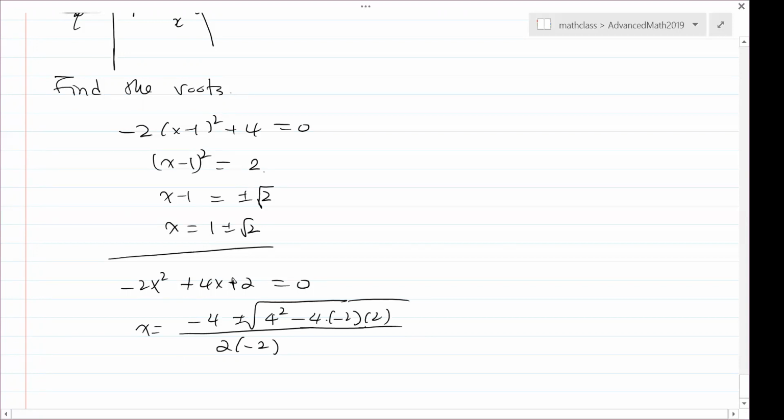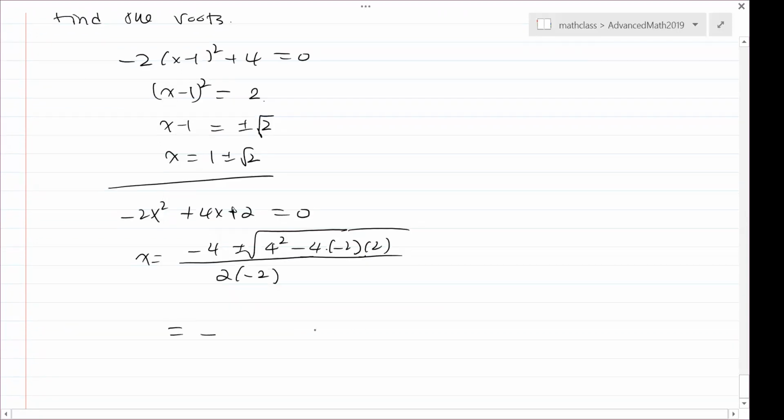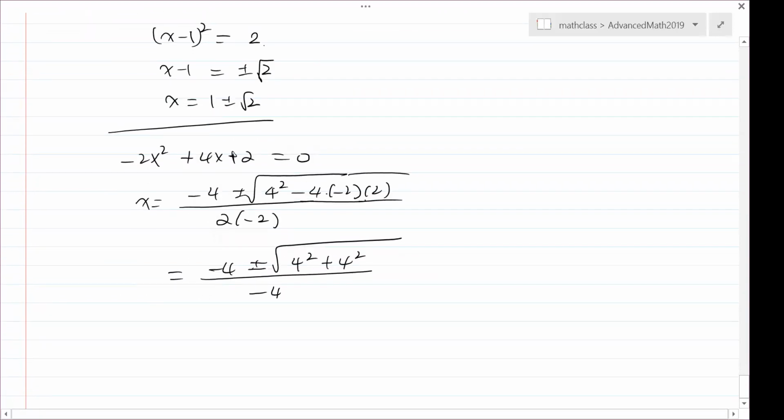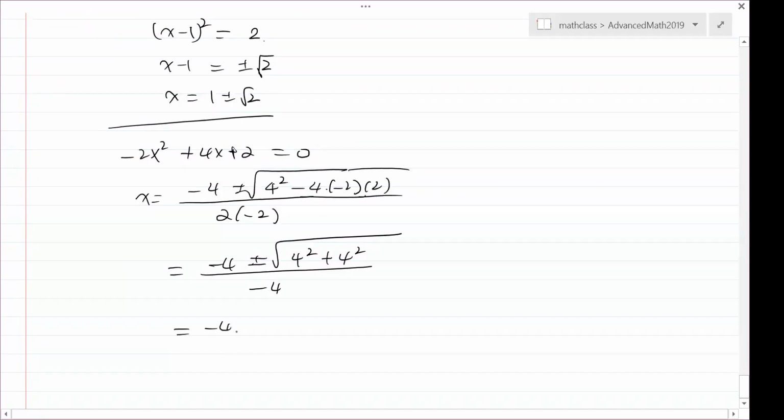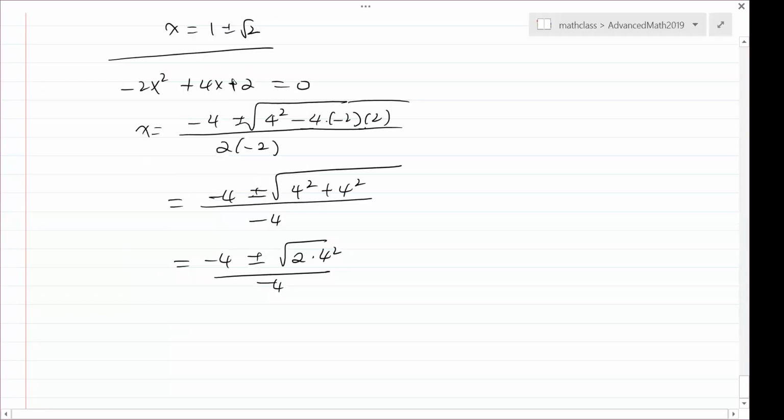So we can simplify it, let's see. We get negative 4 plus or minus the square root of 4 squared plus 4 squared, so the square root of 2 times 4 squared. So I can take a 4 out.